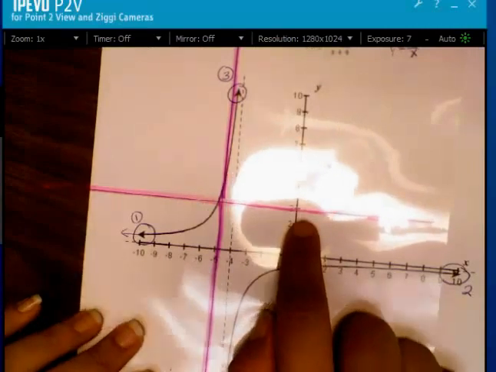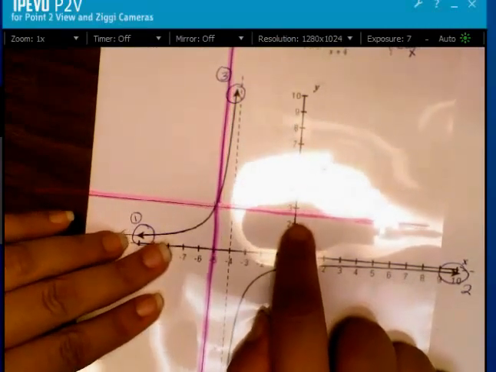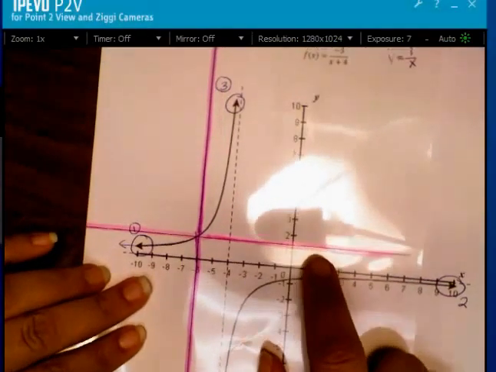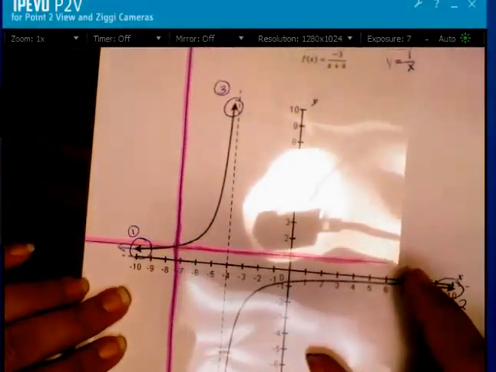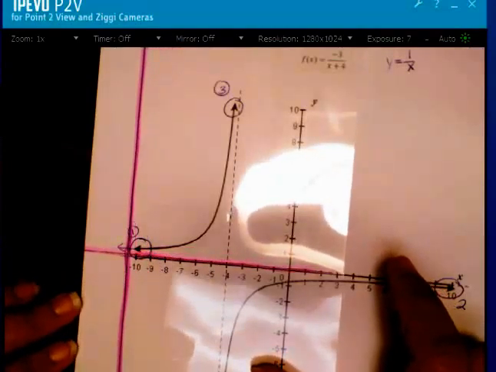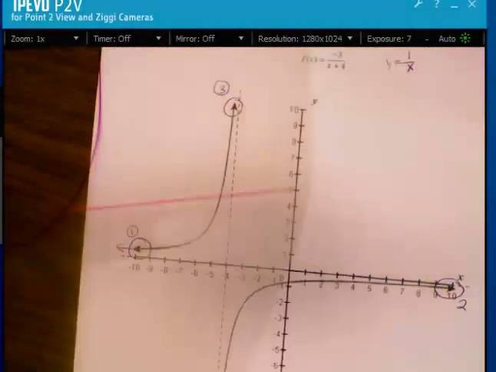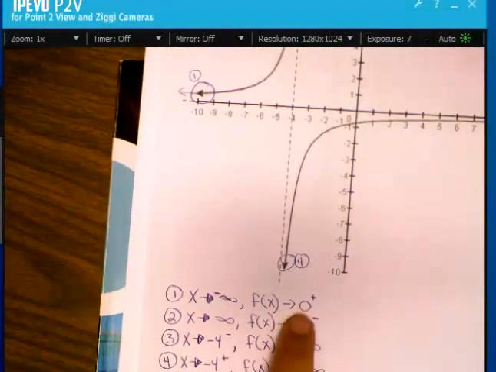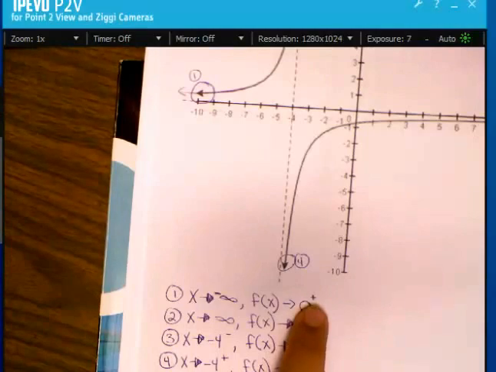So this is our y value. So as this is following my function, you can see that the pink values are getting smaller and smaller, and they approach that x-axis, meaning we're approaching 0. And so that's why I said this right here. So the y values are approaching 0 from above.